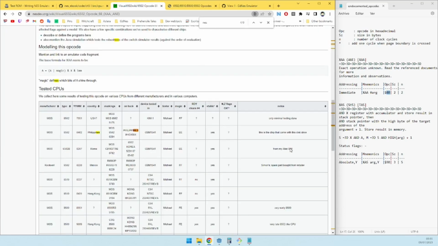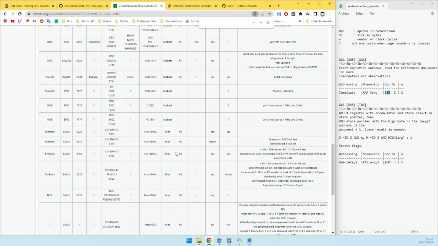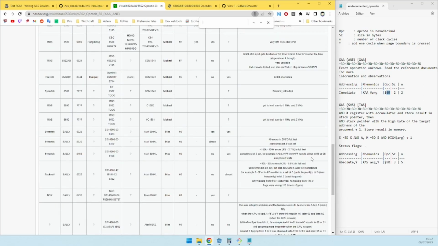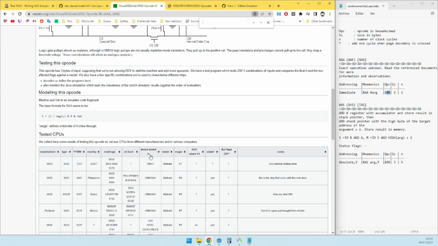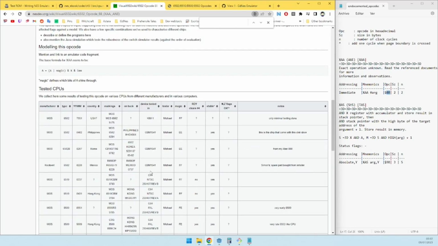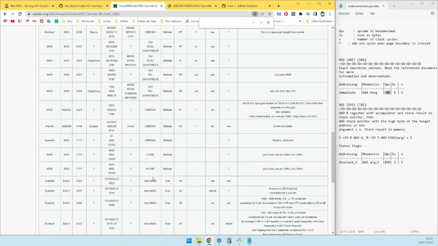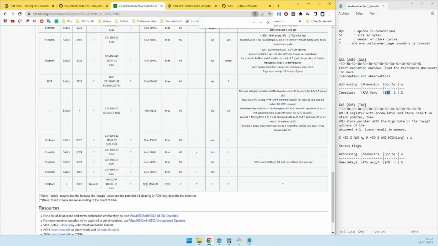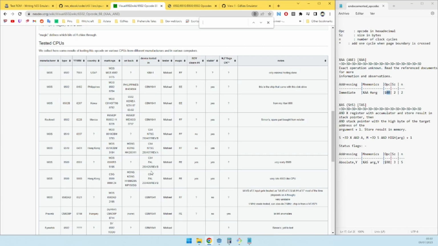No NES specifically. Do we have Nintendo manufacturer? No. I don't quite know which is the manufacturer of the NES CPU. Atari. Device tested in Commodore 64. I don't remember the real name of the NES CPU.